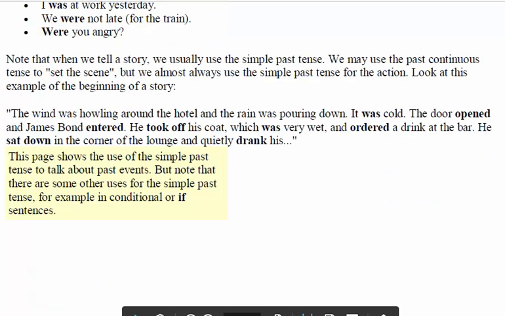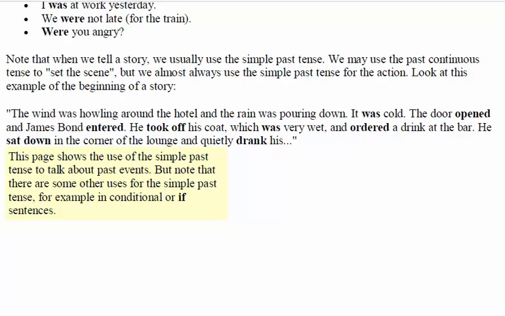At the end, it is noted that when we tell a story, we usually use the simple past tense. We may use the past continuous tense to set the scene. Yes, but we almost always use the simple past tense for the action. Look at this example of the beginning of a story. The wind was blowing, howling around the hotel, and the rain was pouring down.